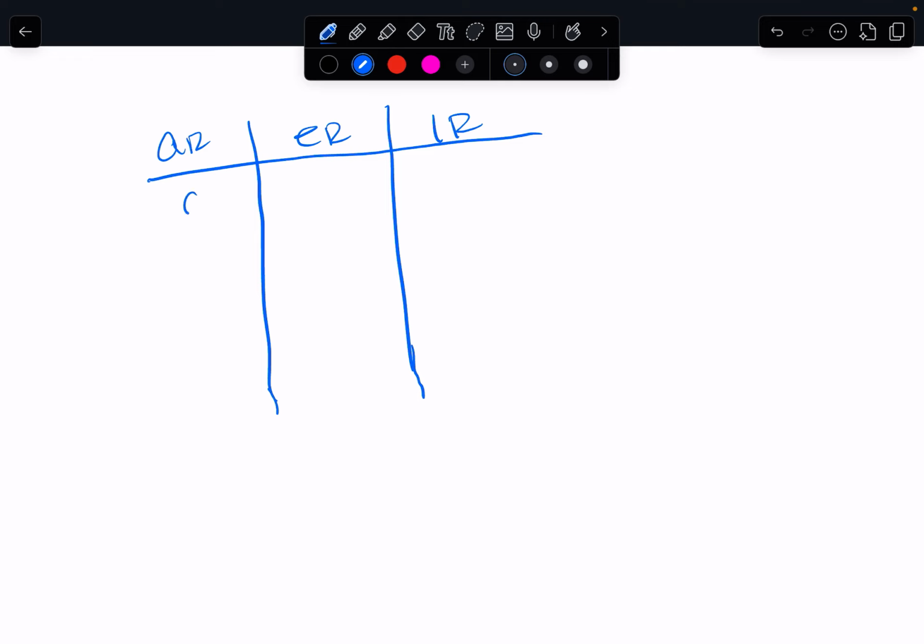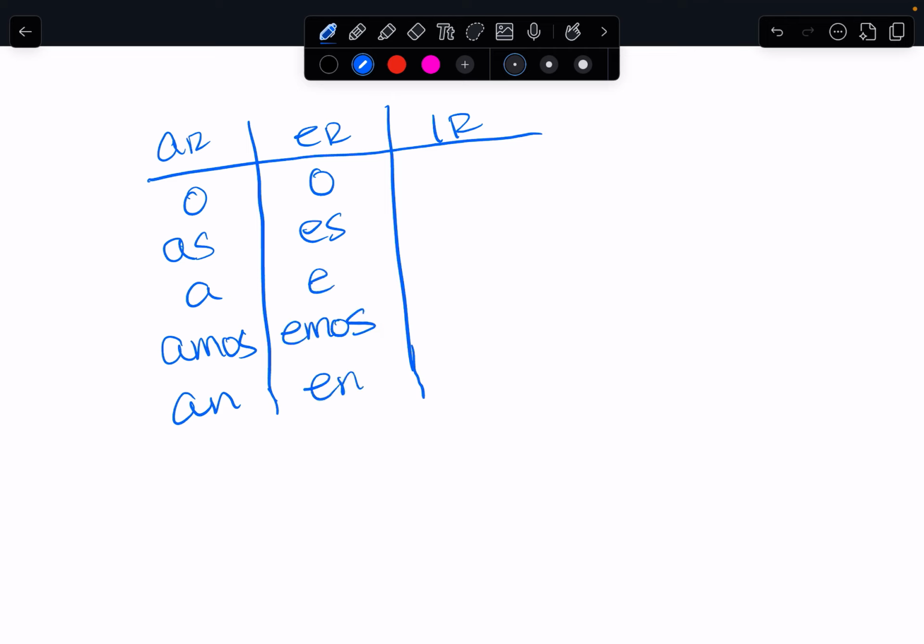So the endings are o, as, a, amos, an. This is o, es, e, emos, en, and o, es, e, imos, en. So the first section of chapter 5 talks about the following verbs.